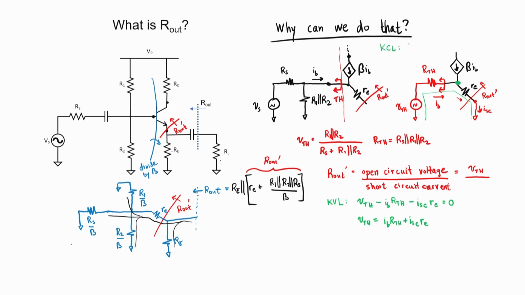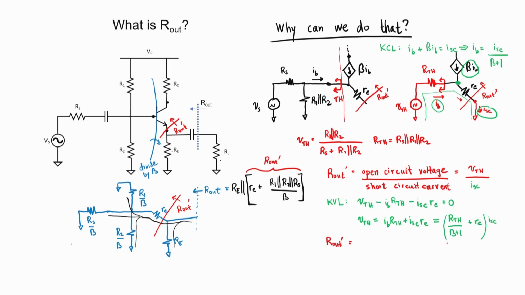We have the base current coming in, we have the collector current coming in, and we have the short circuit current going out. The base current is thus the short circuit current divided by beta plus 1. I can now solve my VTH in terms of the short circuit current. We're going to use that short circuit current in order to calculate the output impedance.